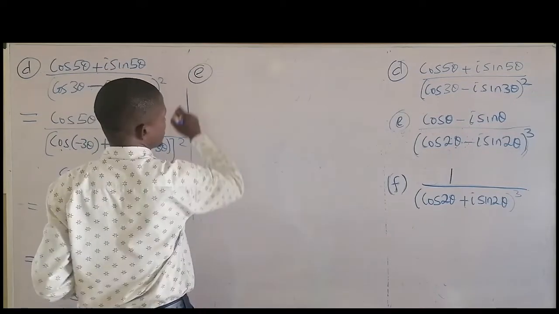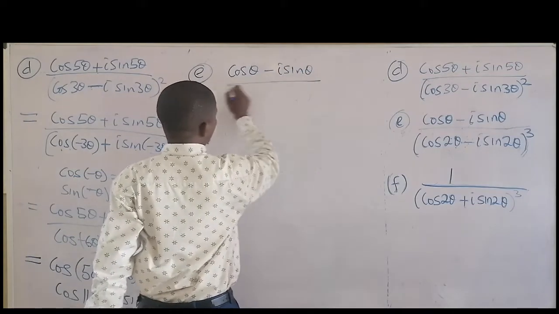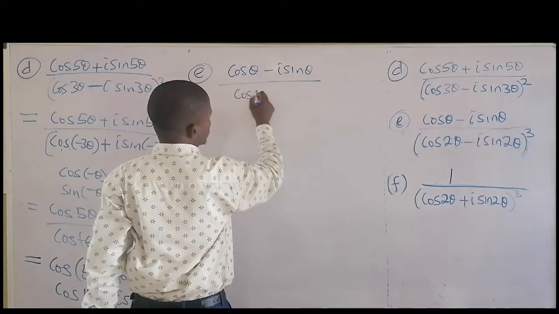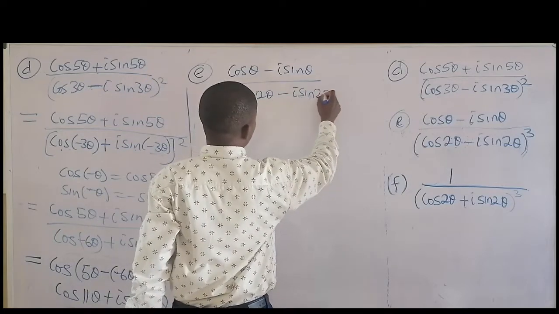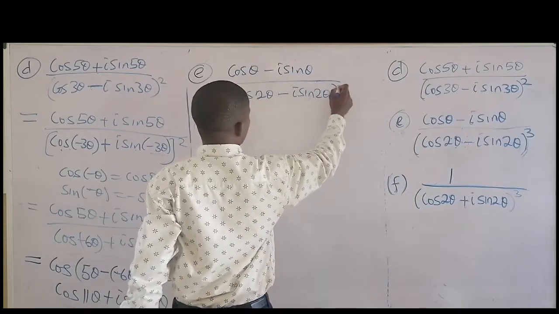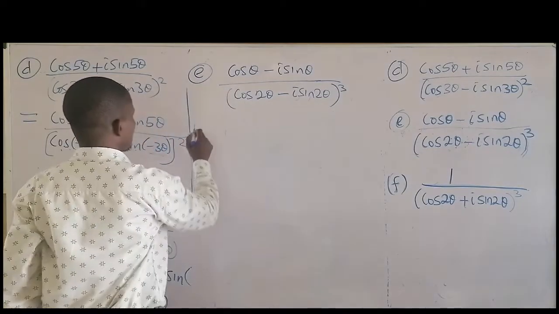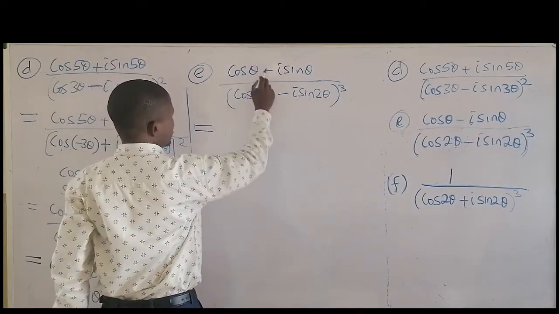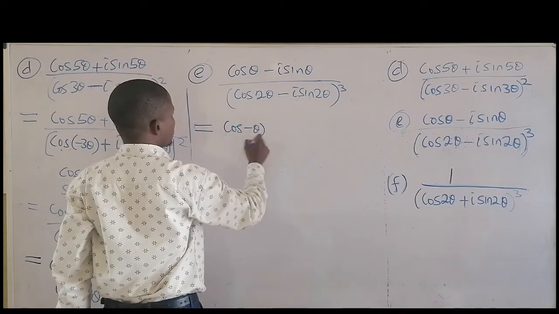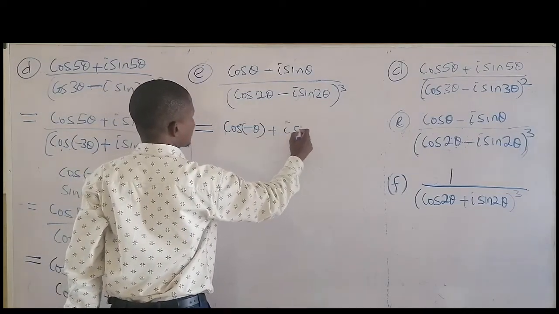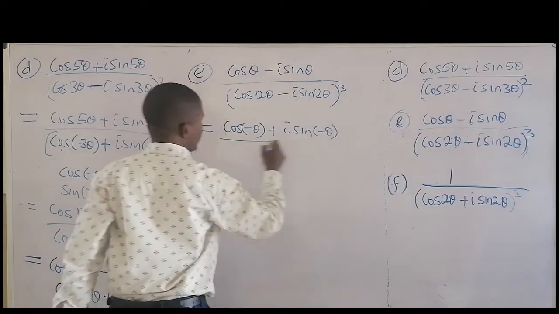The E part: this all over cos 2 theta minus i sine 2 theta. Step 1, turn it to positive, and that will be cos minus theta plus i sine minus theta, all over.